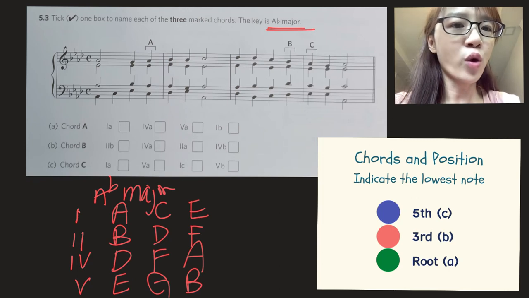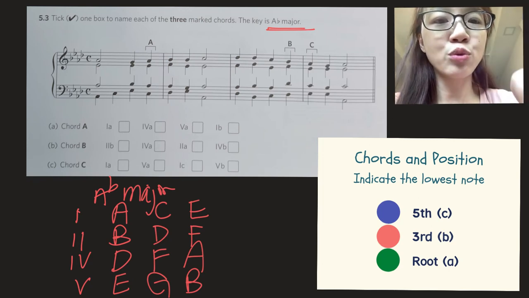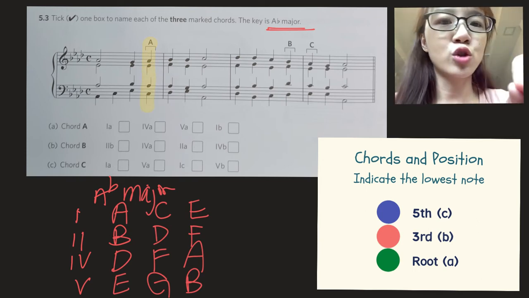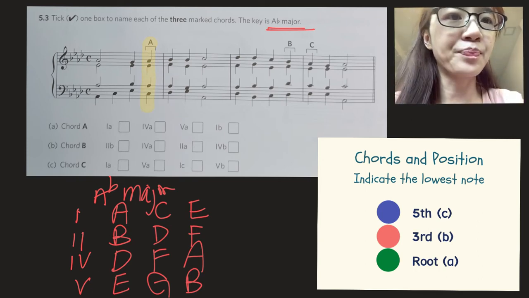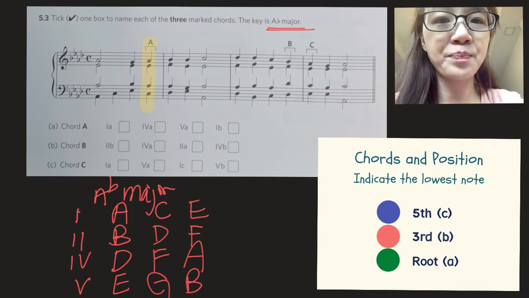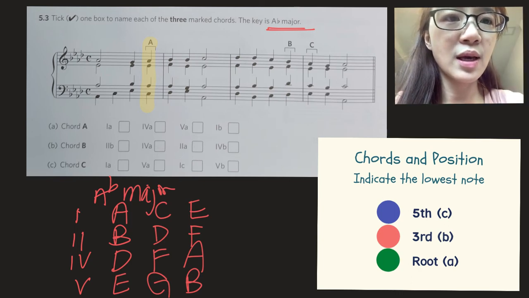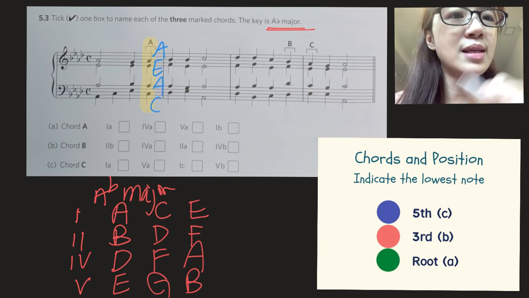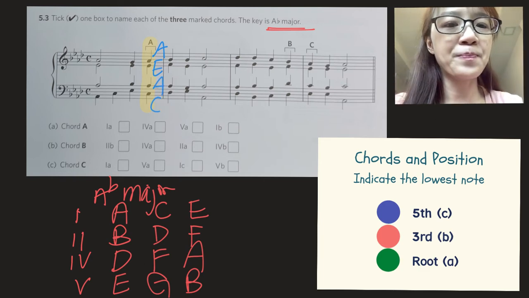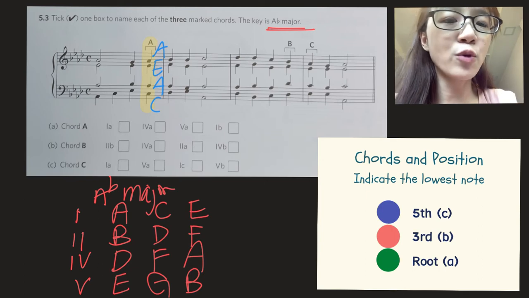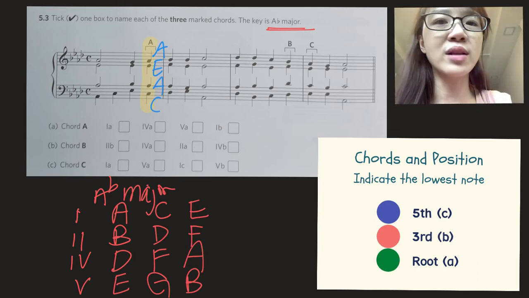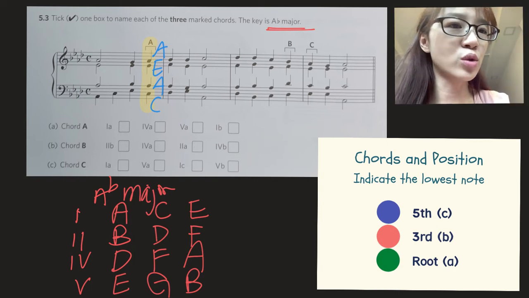Alright, for question A, we have to read it in this way. Let's name the letter names. It's A, E, A, C. So A, C, E. A, C, E gives you chord 1. Now this time, what is important is that we have to understand the lowest note.